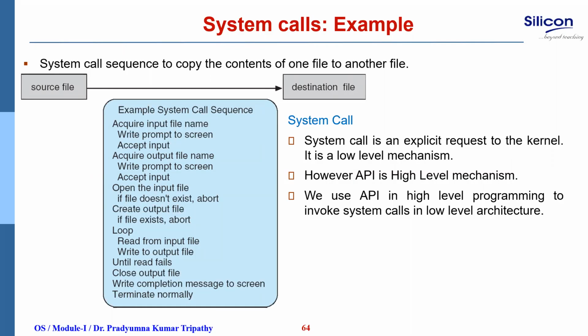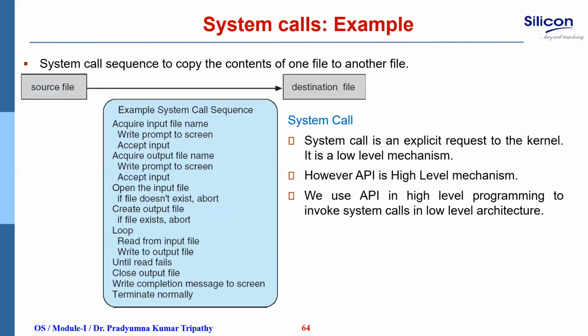However, an API is a high level mechanism. We may not directly invoke the system call, but we can invoke the API. The API is designed at a high level, so we could easily design our API, modify our API, or have some new APIs in our system. So we use APIs in high level programming to invoke system calls, which are in the low level architecture.